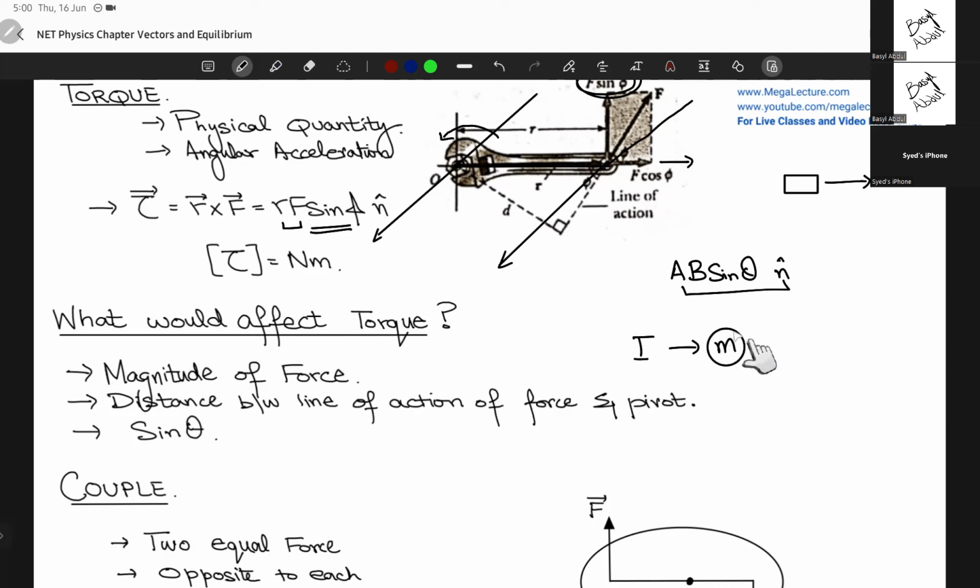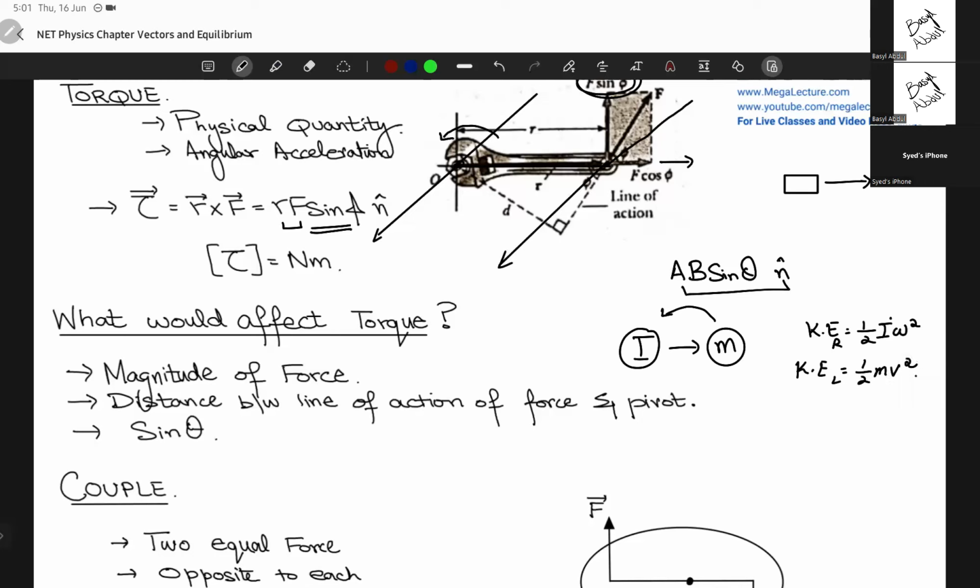But whenever we involve rotation, then the analog of mass is used, which is the moment of inertia. Are you familiar with the expression where the kinetic energy for a rotational object is half I omega squared? Compare this with the linear kinetic energy for something moving linearly, half mv squared.